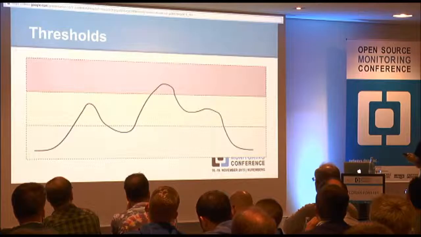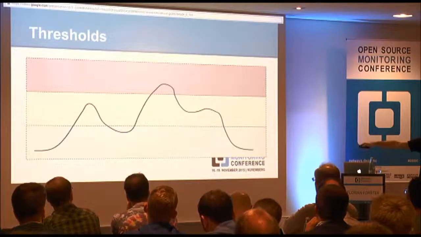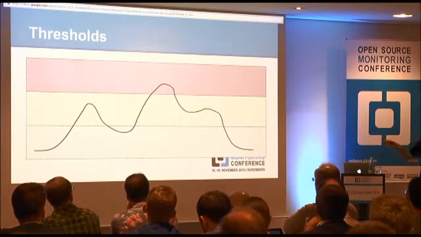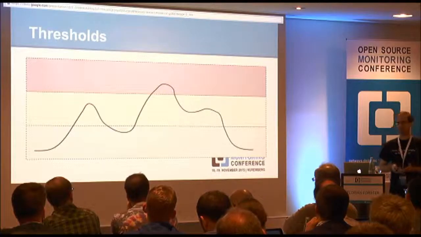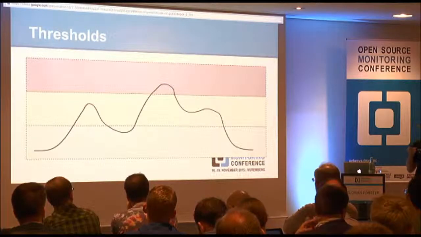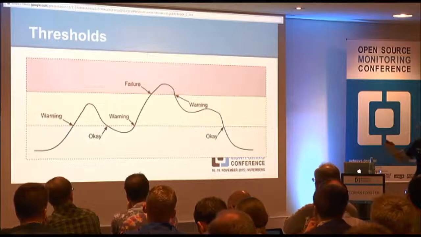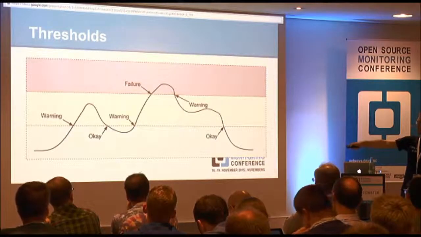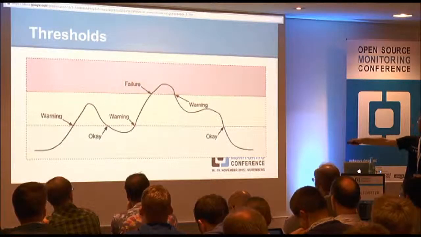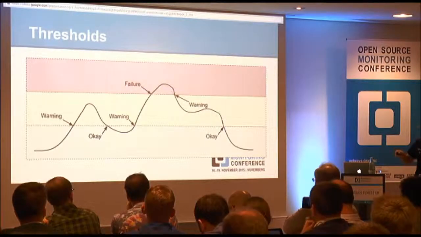Every time that the curve passes from one field into the other, every time a state change occurs, colleague D is going to produce a notification. So here we're passing from OK into warning, and colleague D will emit a warning notification.